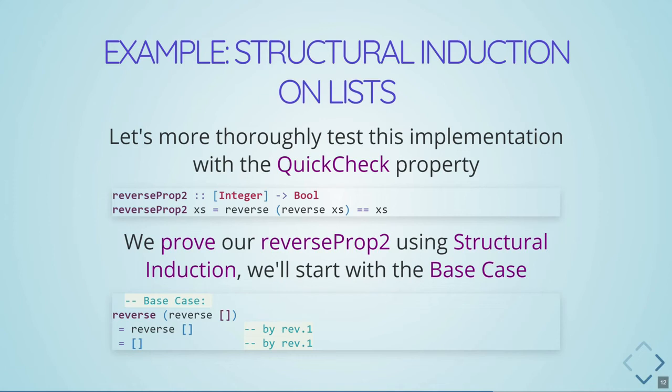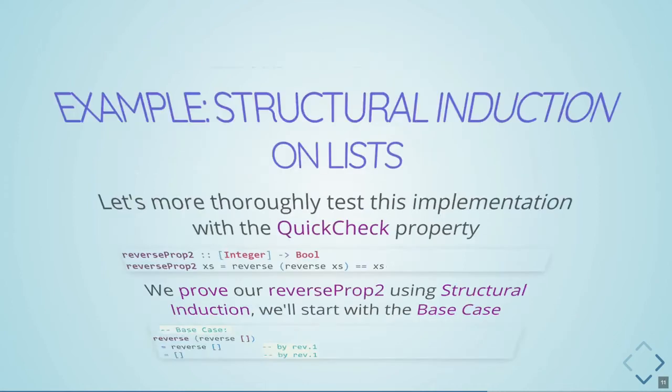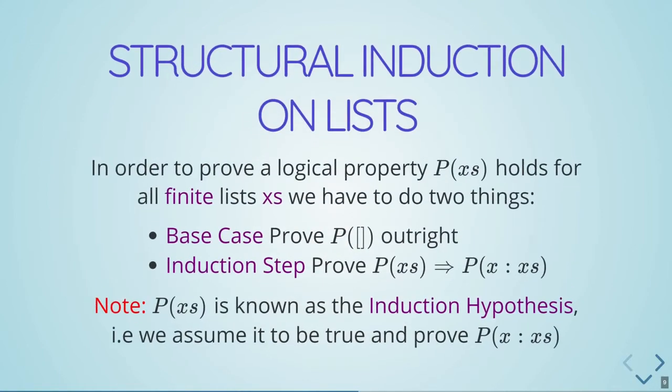So we take the base case, which is the empty list. Remember, for structural induction, we prove the base case, the empty list, and then we prove x colon xs, knowing that the predicate of xs is already true.